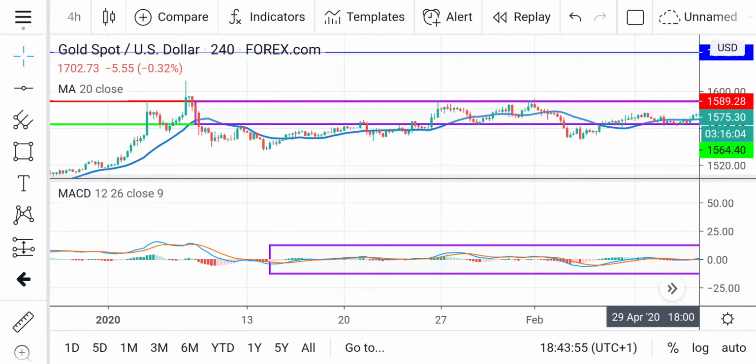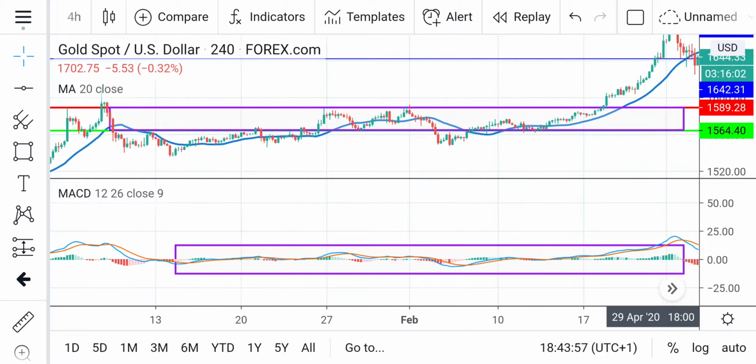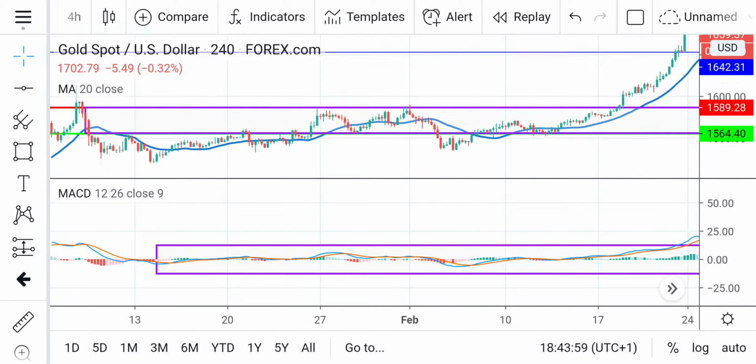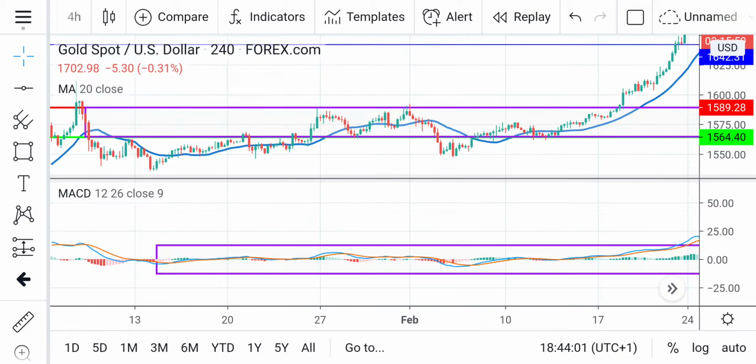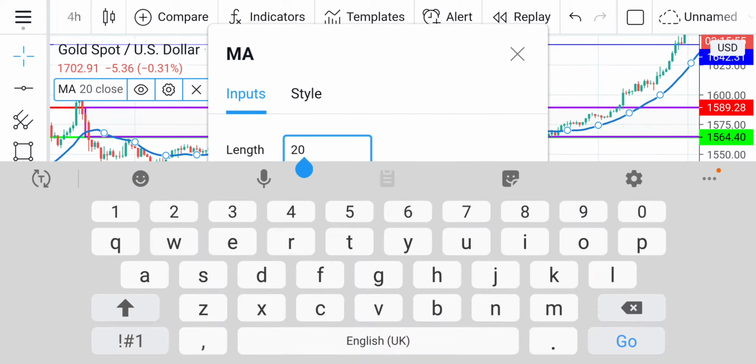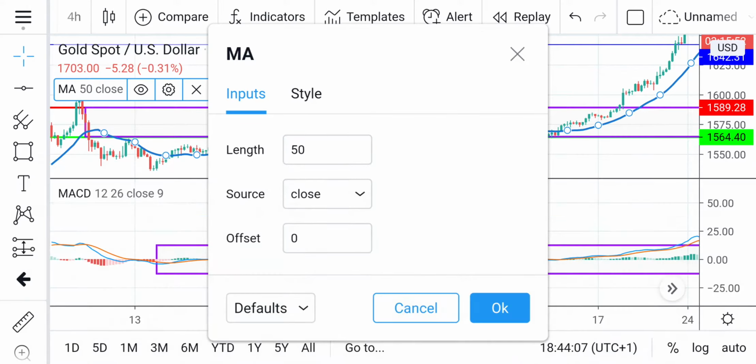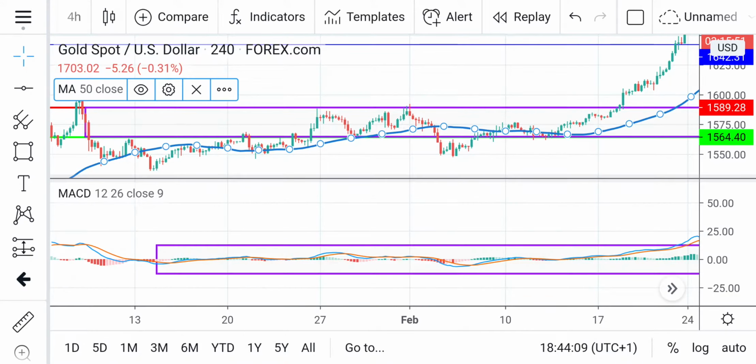And you can see my moving average is there too. So the price has to break above the moving average. Let me edit it to 50 period moving average. So the price has to break above the 50 period moving average.